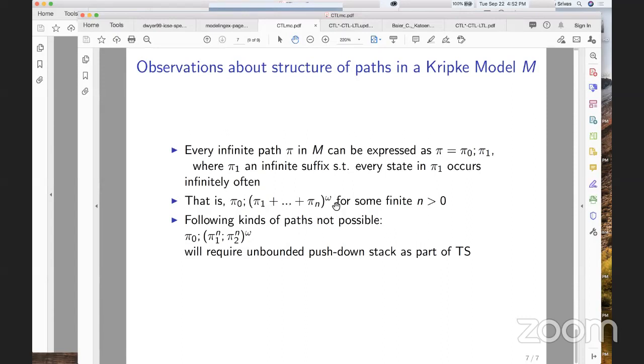So the only way you can have these patterns occurring infinitely often is if the combined set of states is in a strongly connected component, and that's what you'll exploit in order to label states for checking the EG operator.